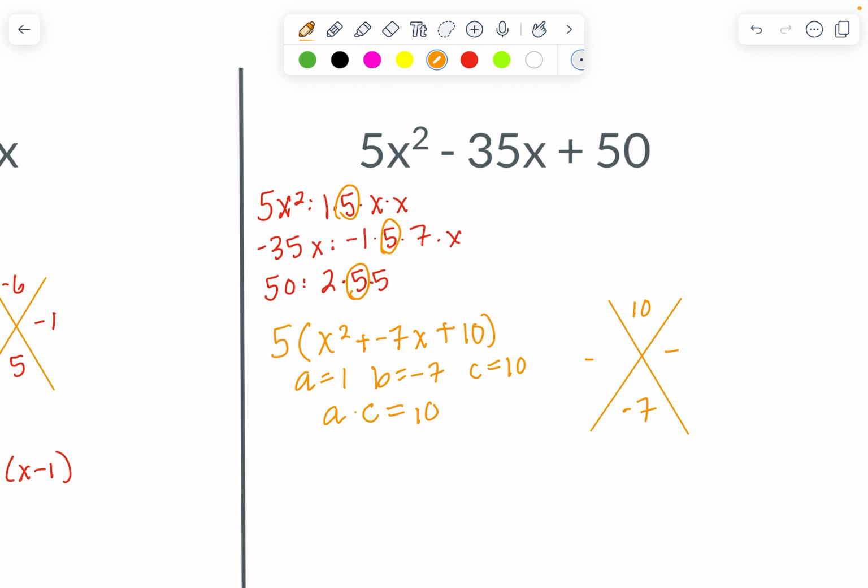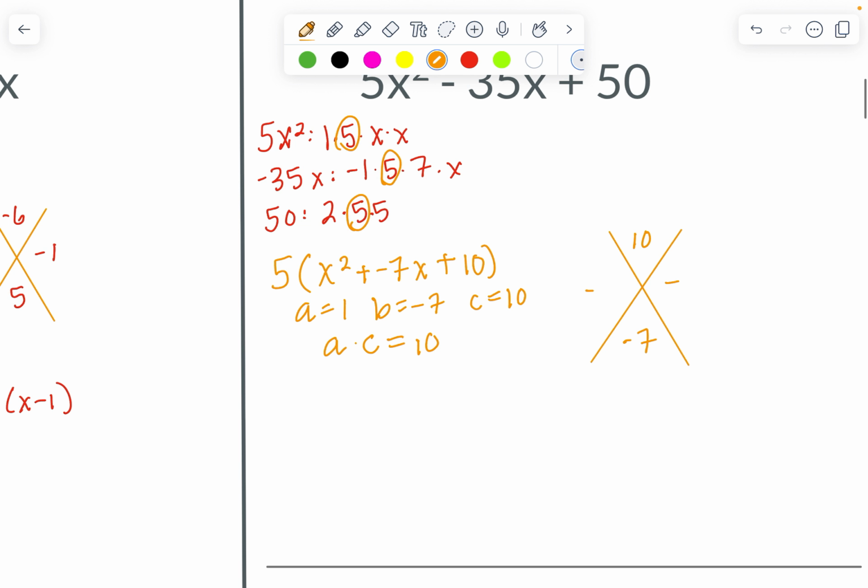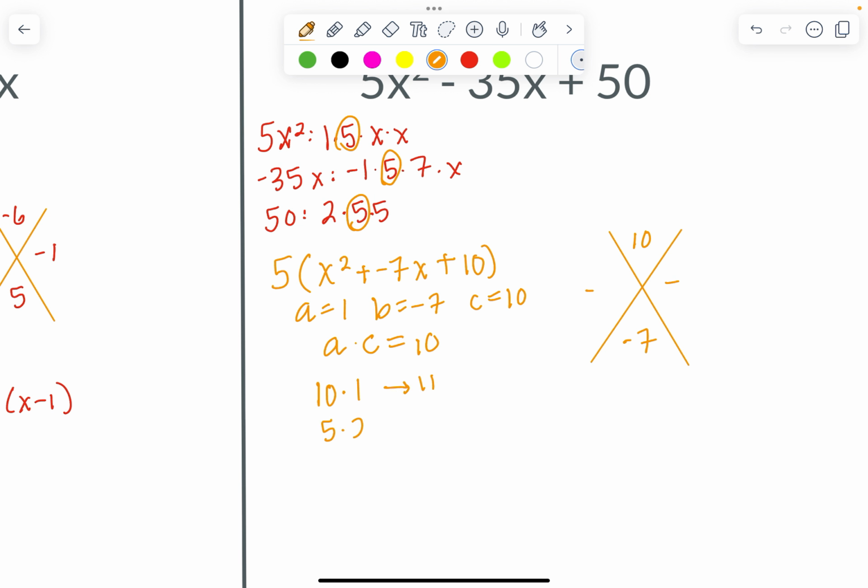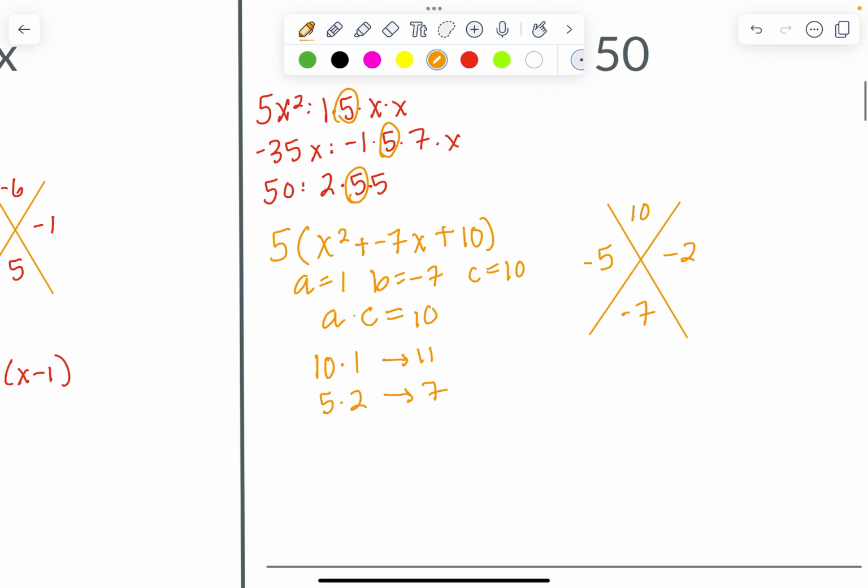Now that I know there's going to be negative, I can kind of ignore the signs. 10 times 1 multiplies to 10, but it adds to 11. 5 times 2 multiplies to 10, and it adds to 7. And here both numbers are negative. So my final answer then, 5 on the outside, x minus 5, x minus 2.